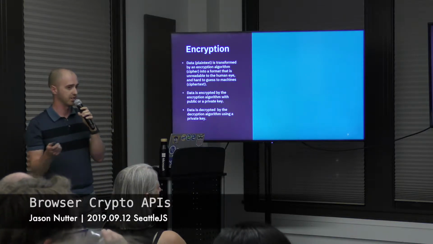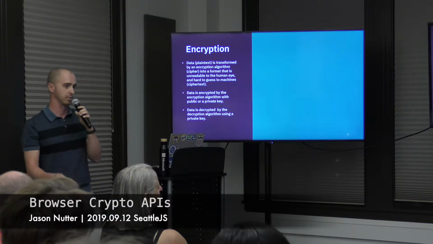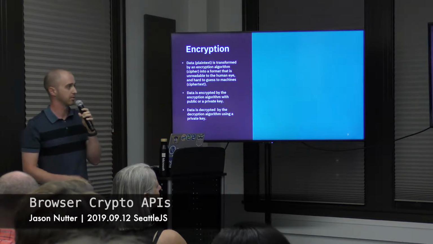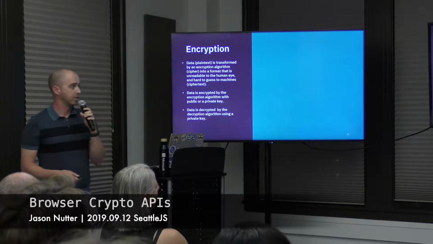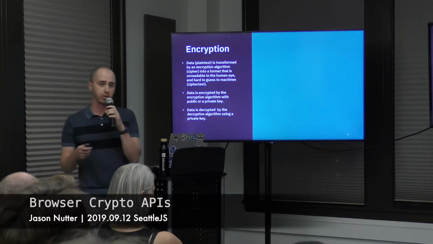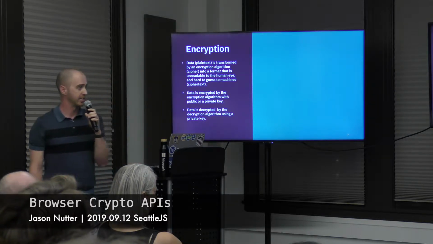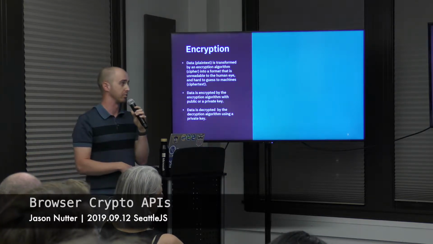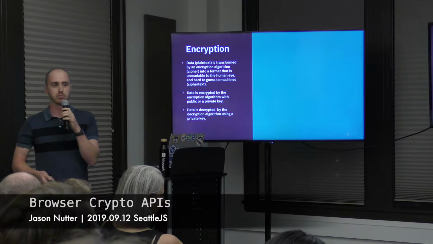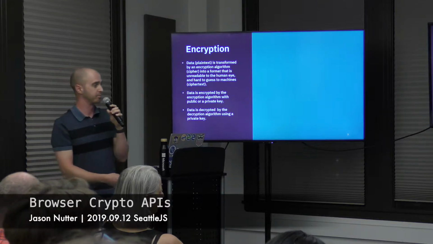It's not impossible, right? You can try to decrypt something for thousands of years and maybe you'll get it, but in theory it's not. Data is encrypted by the encryption algorithm using a public or private key. We'll talk more about that in a second. And then data is decrypted by a decryption algorithm using one of the keys, used as a private key.